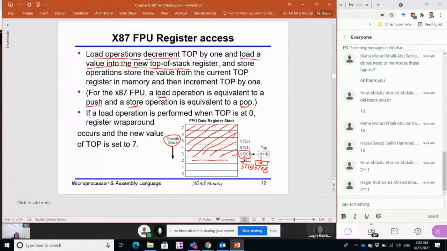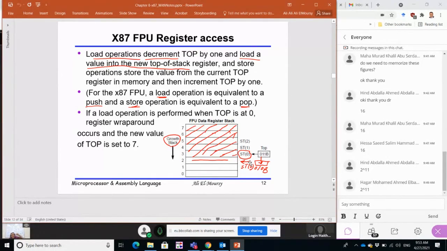Here registers are being accessed as if they are a stack of registers. Okay? A stack of registers. How many registers? 8. Instead of calling them with their real names, I have some register that carries the top of the stack, and the top of the stack has a dynamic name.